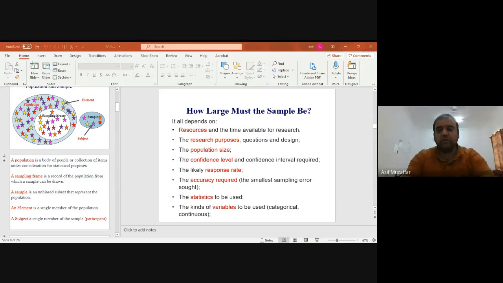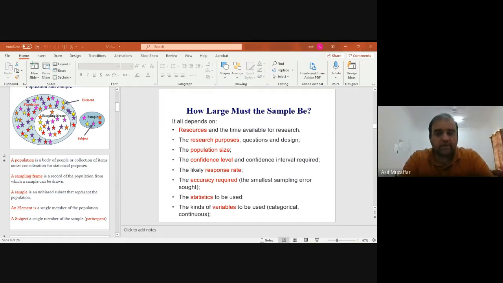So we need to have a sample. That is why sampling is used. The sample will be a part of this whole population.